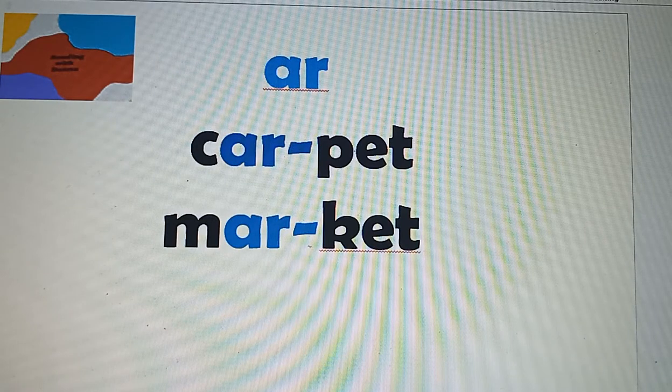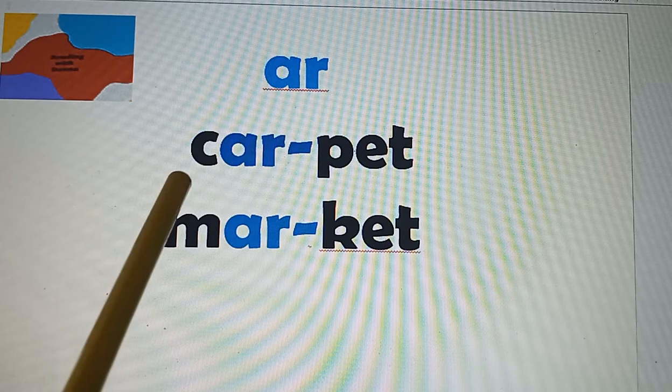There we have the AR sound. The AR says R. And if we look here, I have broken these two down for us just to give us a head start.